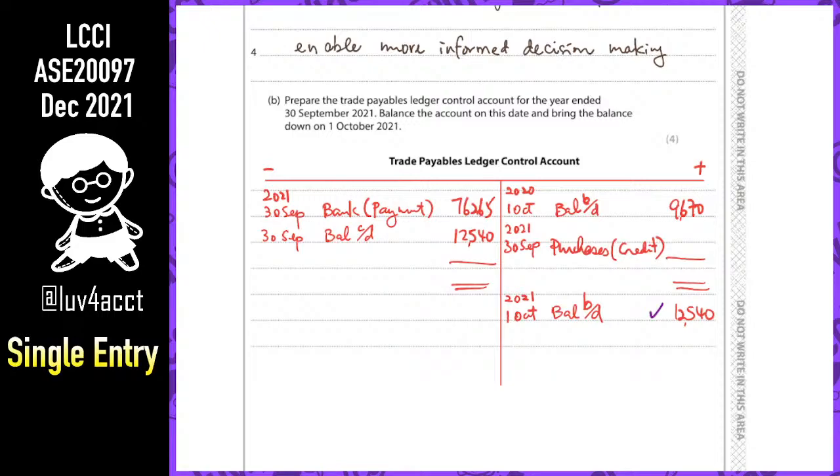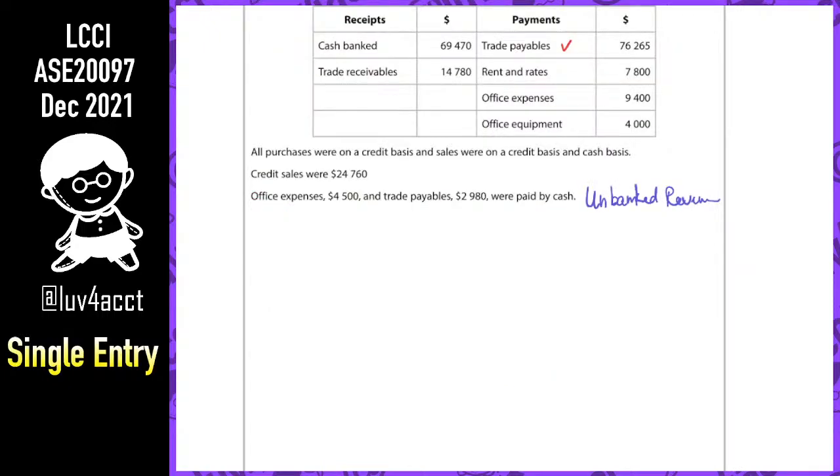Okay, so now you have the purchases being, oh, how much? One more thing. I almost really forgot. Here we still have one more item, 2980, paid by cash. Trade payables paid by cash, 2980.